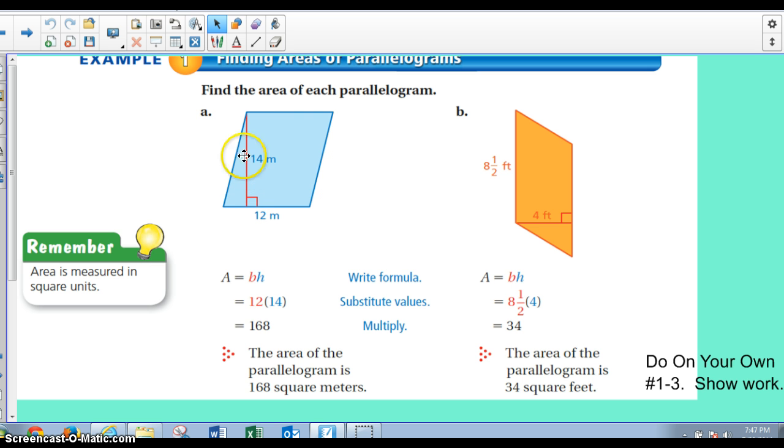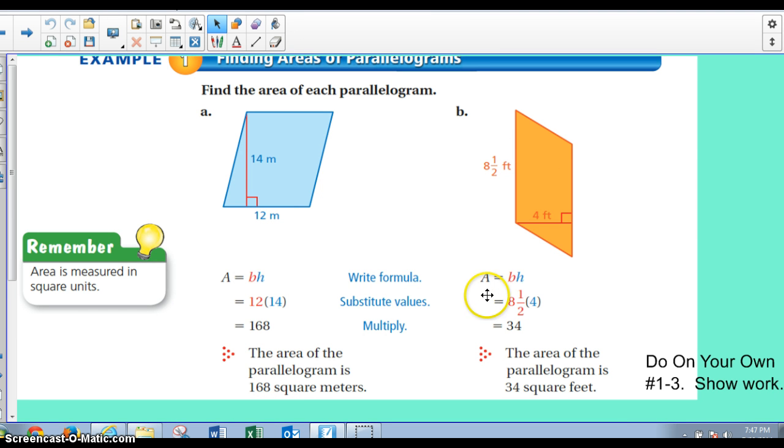So here to here, the highest point, you make a right angle at the bottom so you can reach the top point, and then that's your height. So the area of the parallelogram here is 168 square meters. Square meters could be the small m with the 2 next to it. That's squared, the tiny 2.